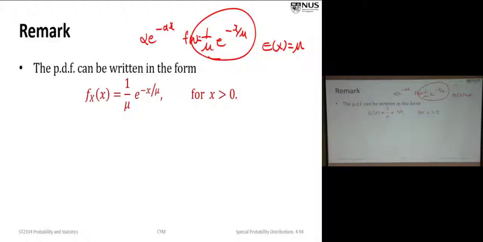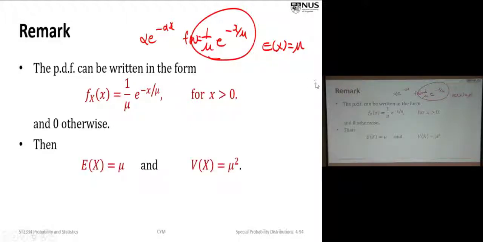If I use the PDF in the form of alpha e to the power minus alpha x, then the expectation is 1 over alpha. But if I use the PDF in terms of the expectation of x, which is mu, then the PDF is 1 over mu e to the power minus x over mu, where mu is the expectation of x. All right?